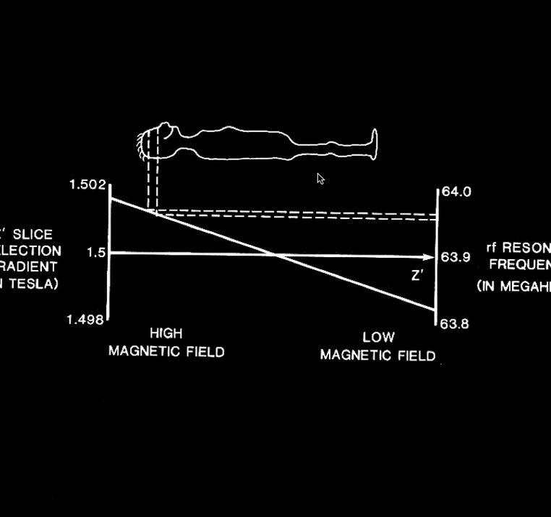I don't know. I'm not sure. No, I'm saying how do you make the voxels thicker? So look at the diagram. Look, what determines how thick this slice is? The ratio, I guess, of the gradient to the resonance frequency.